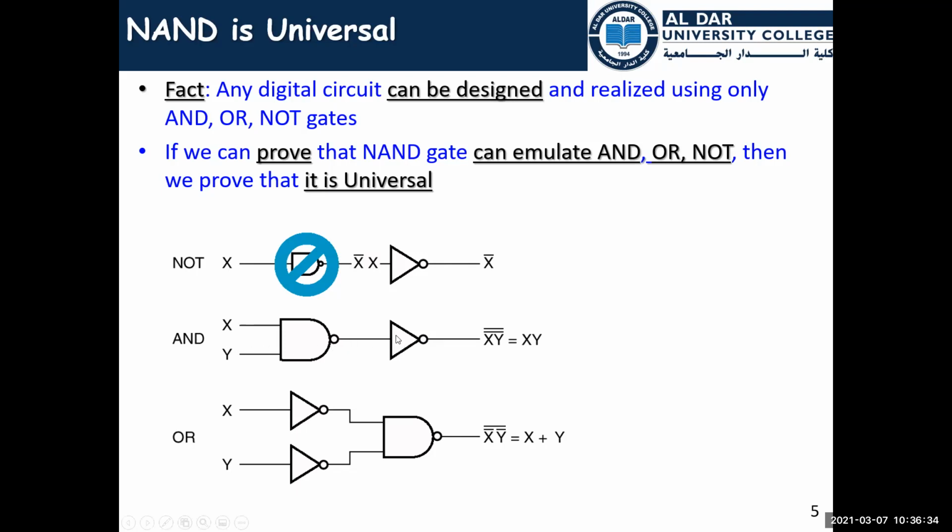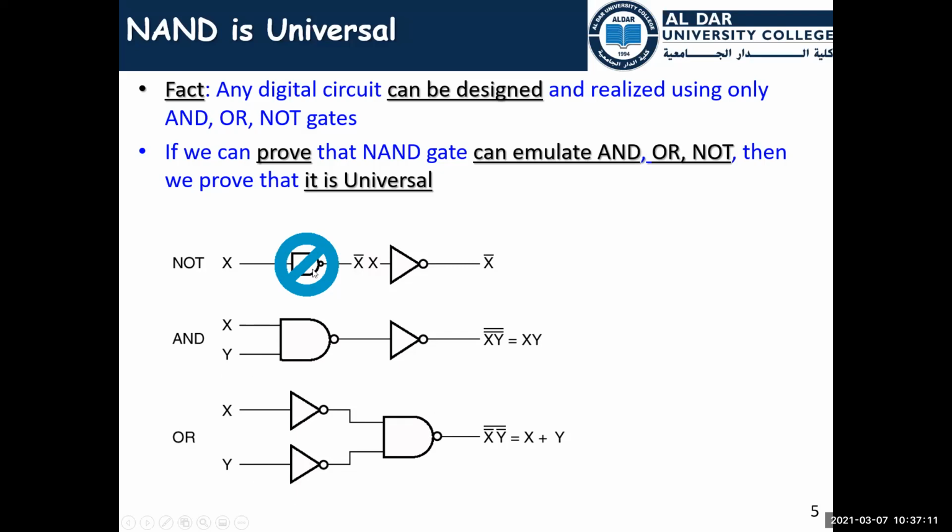So NAND gate together with a converter is giving negative of negative, which is positive, or complement of a complement, which is the original variable. The OR gate can be obtained using the NAND gate by adding a converter to each input variable. So we have two input variables here. We can convert the first variable, we convert the second variable, and then we can have the OR gate.